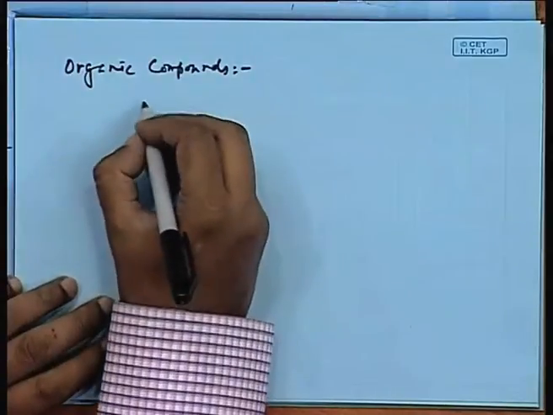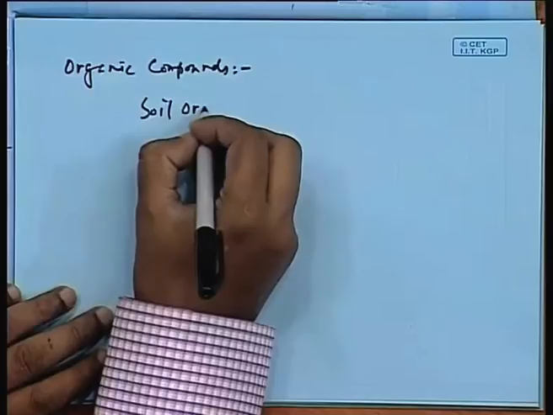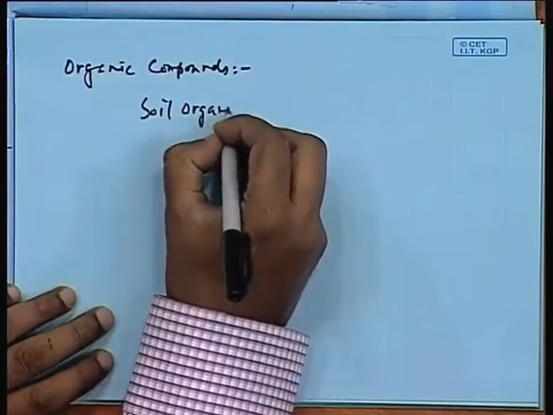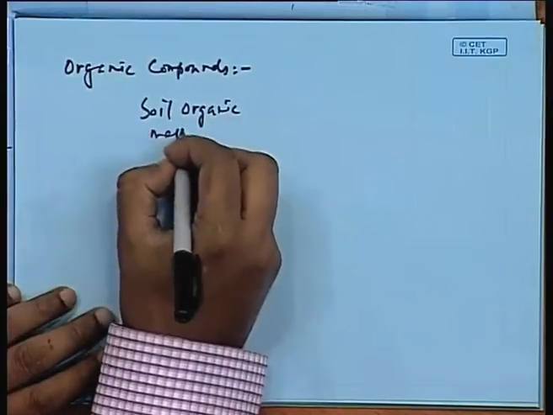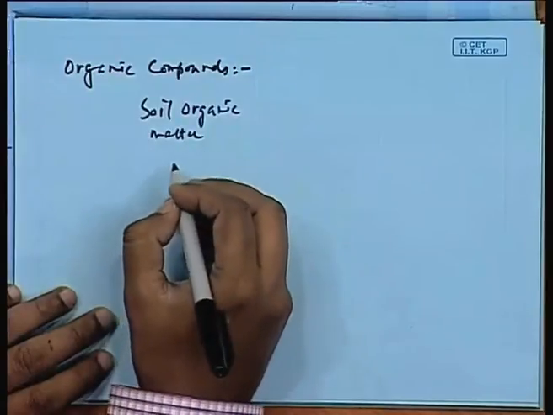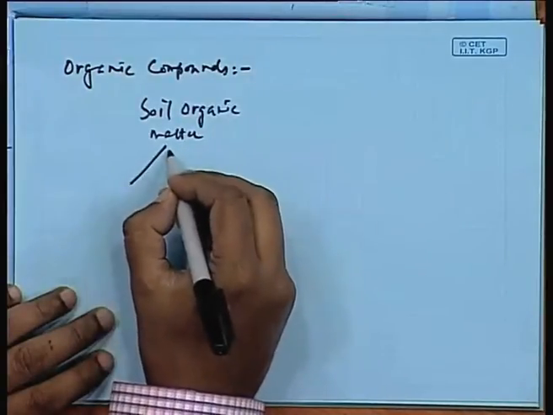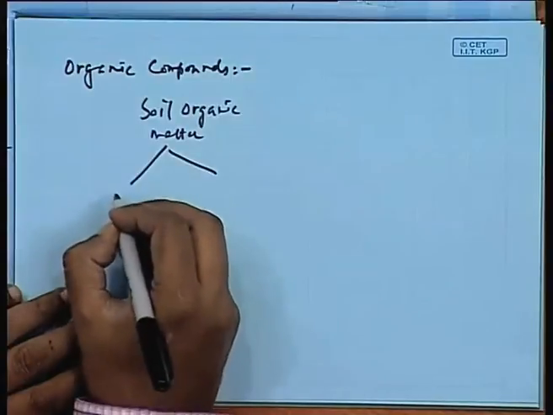The soil organic matter is composed of, generally, two fractions.